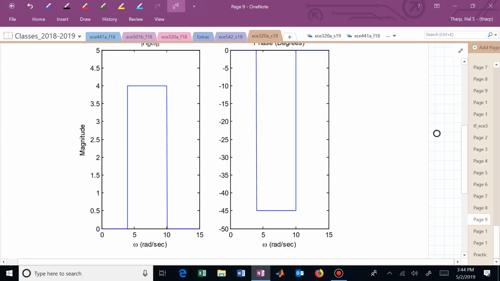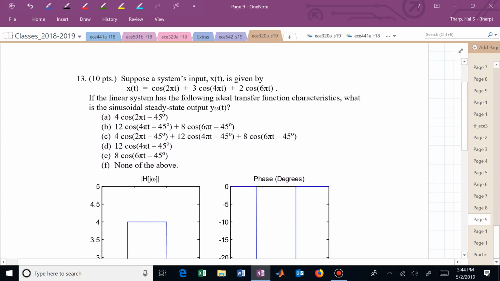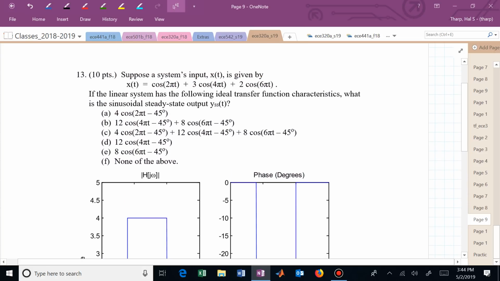This is ideal. And any frequency beyond 10 won't be seen because it's also at 0. So I'm really trying to see if you understand, 1, how to determine sinusoidal steady state behavior, and can you start to explain or utilize some of this frequency response information that you're provided.